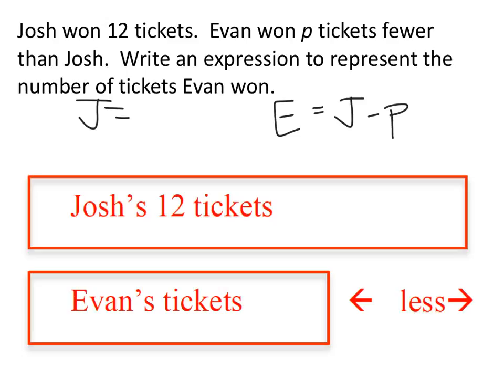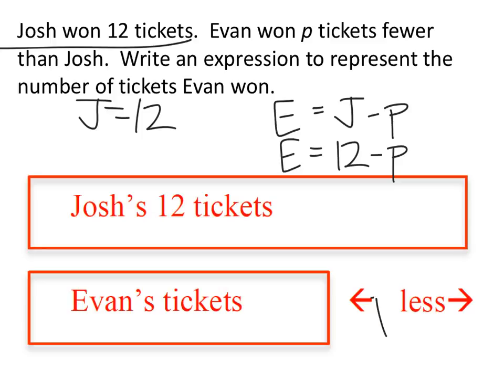But it told us right here at the beginning that Josh had 12 tickets, so when we find whatever Evan had, it would be 12, because that's what Josh had, and then we would subtract the P. I don't know why they're using P, but whatever, okay? And that's why the P was right here as well.